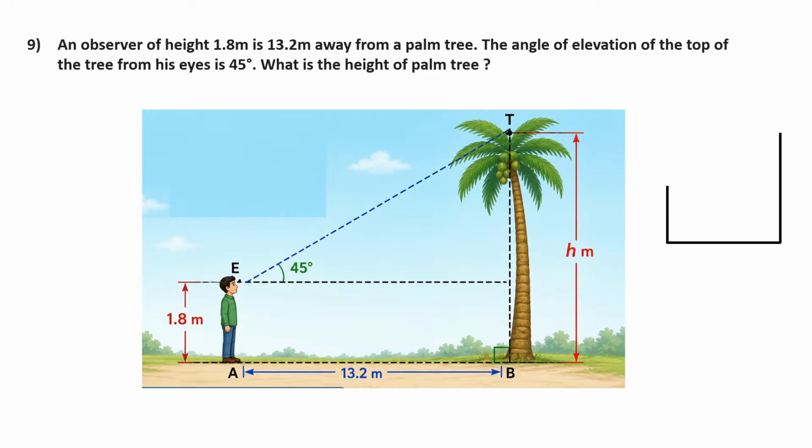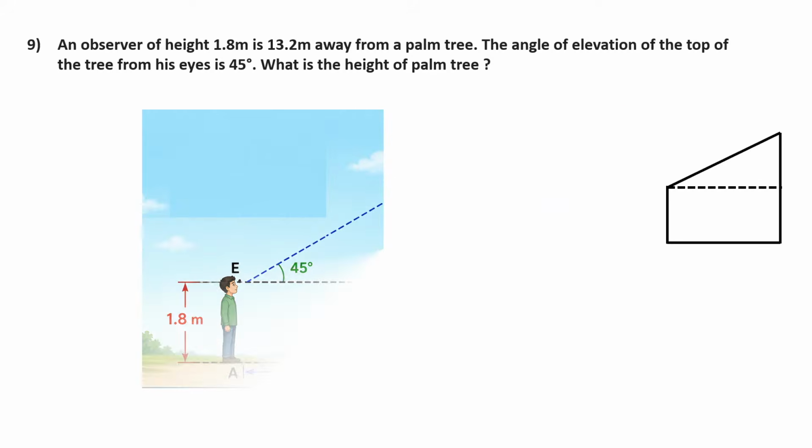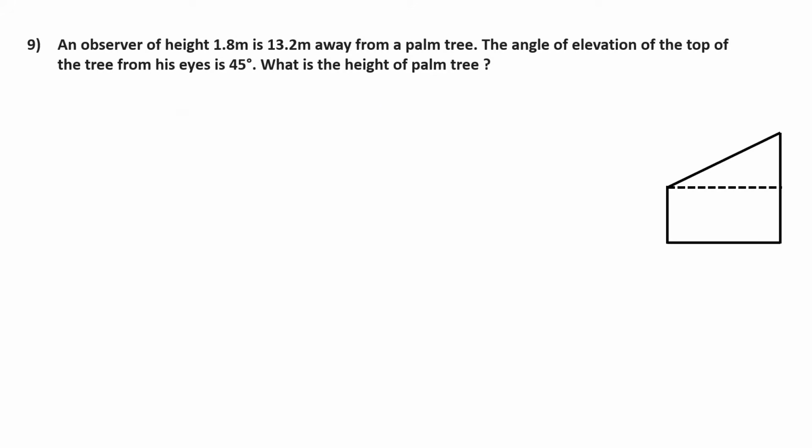Now this is an h meters tall palm tree. From eyes, the observer is looking at the top of the tree. Through the eyes, one imaginary horizontal. So this is how to draw the reference diagrams. Now let us remove this image and go for the solution.